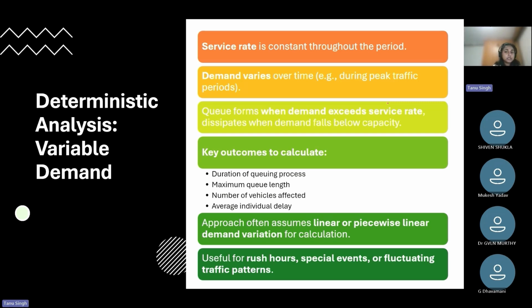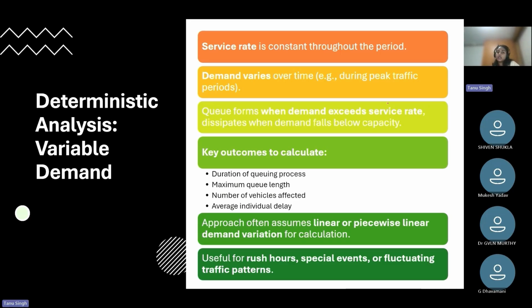Using deterministic analysis, we can calculate the duration of the queue, maximum queue length, the number of affected vehicles, and the average delay. Typically we assume that demand changes in a linear stepwise fashion to make calculation manageable. So these are the different ways where we assume either demand to be constant or service rates to be constant.